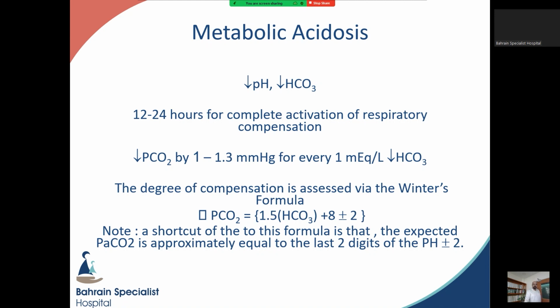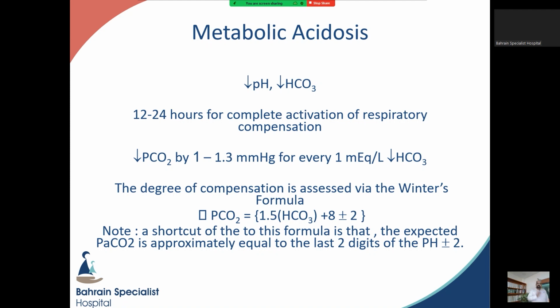The degree of compensation is assessed via Winter's formula. Winter's formula, which I will apply later also, is very important in metabolic acidosis to see if it's compensated or not compensated, and it also helps if I have another acid-base imbalance associated with it.